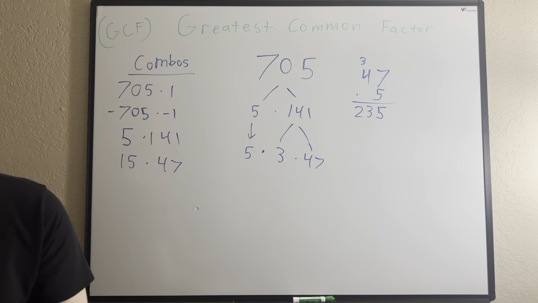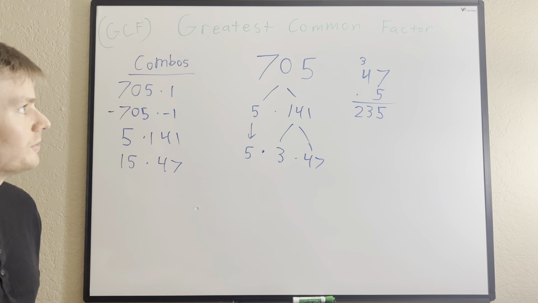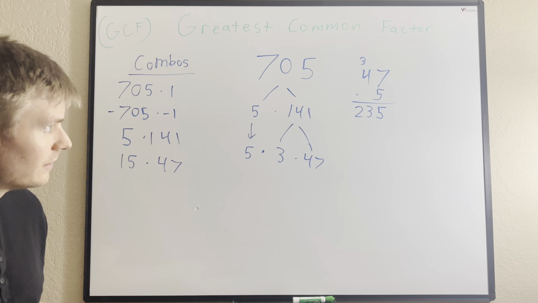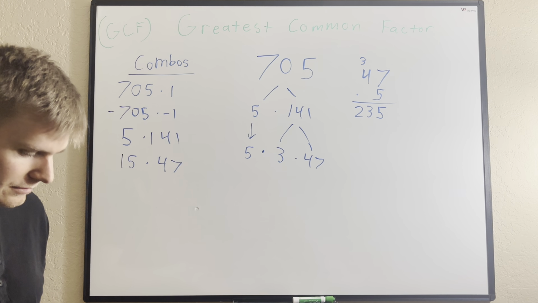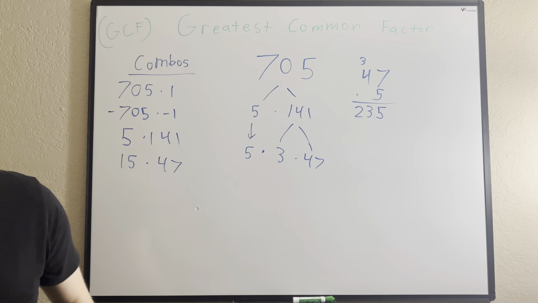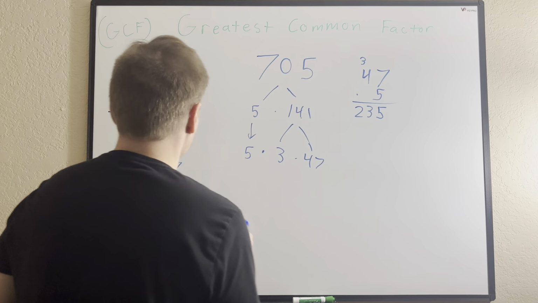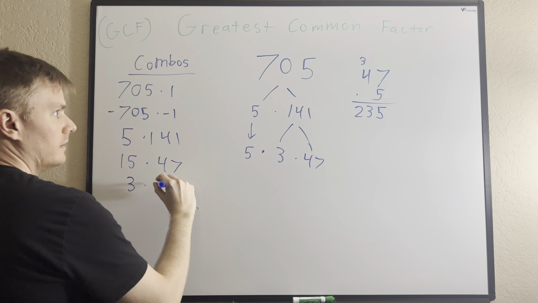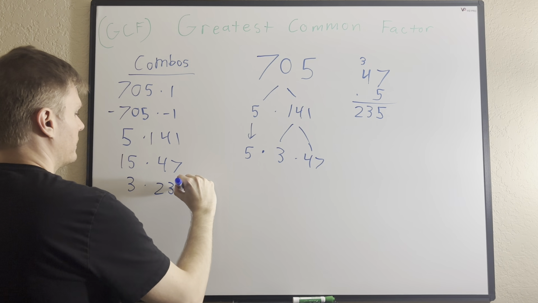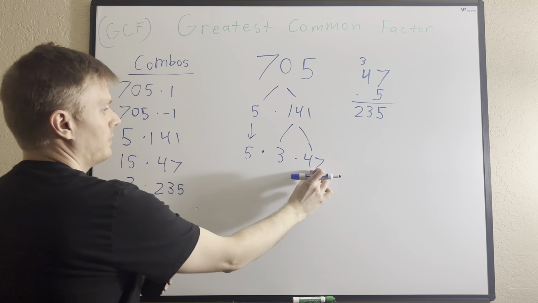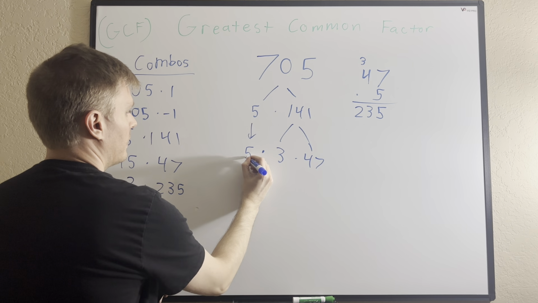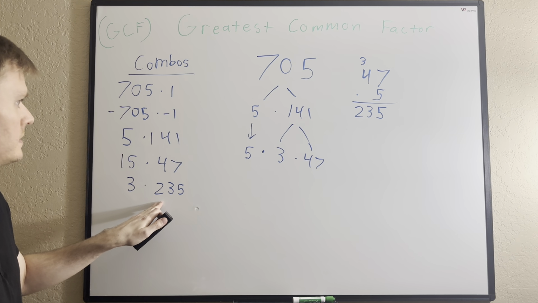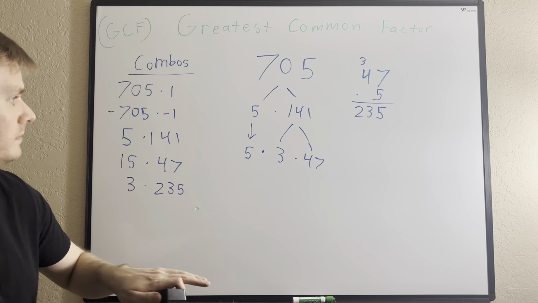Check my math on that. I don't usually do long multiplication these days. Yeah, 235. Wow, I still got it. So there's another combo. 3 times 235. Because I combined this 5 with the 47, right? And that is all of them.